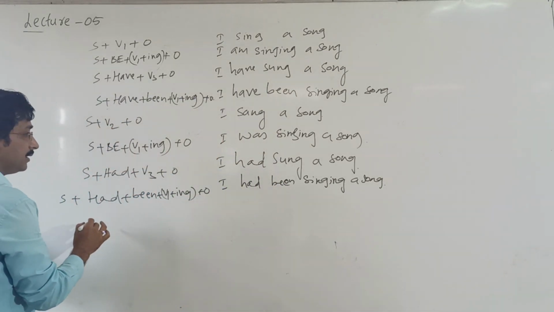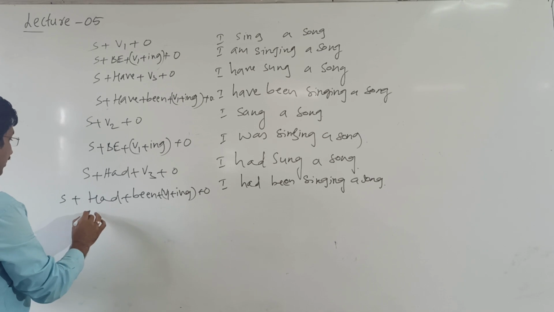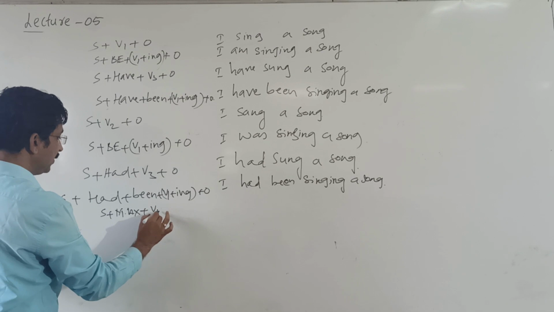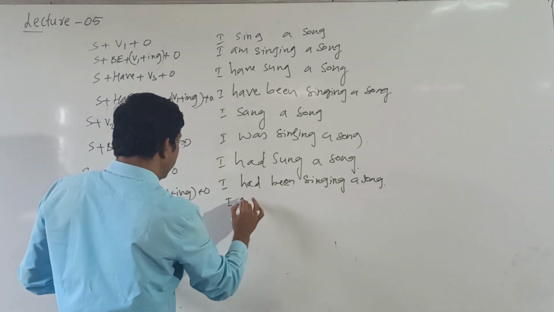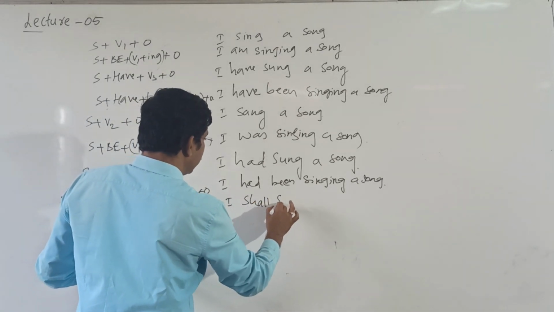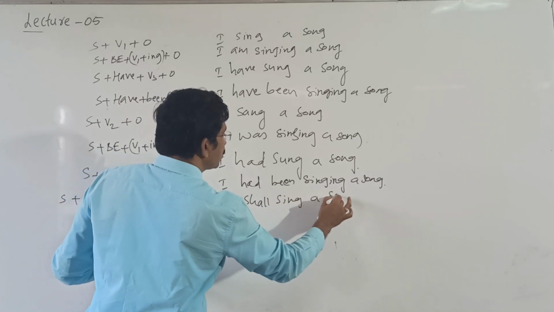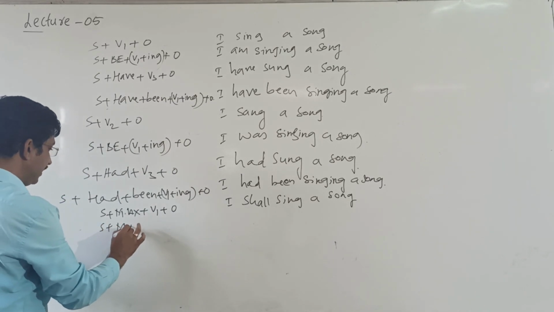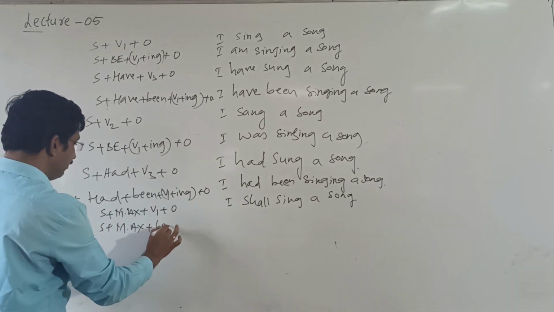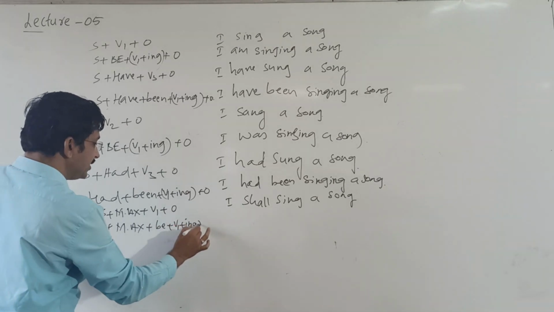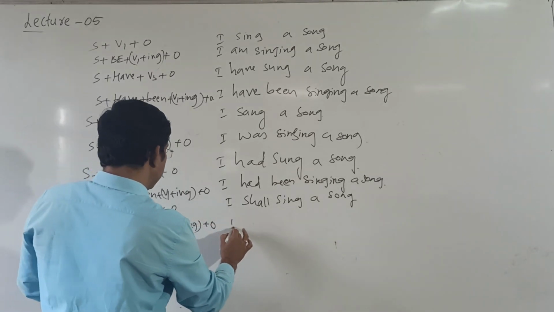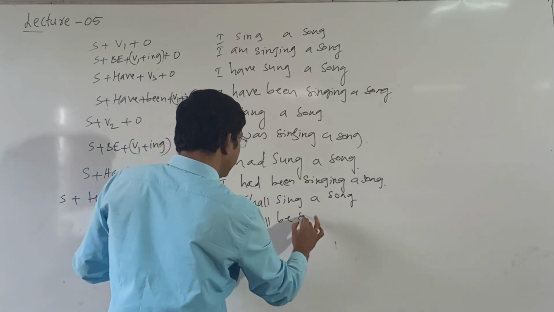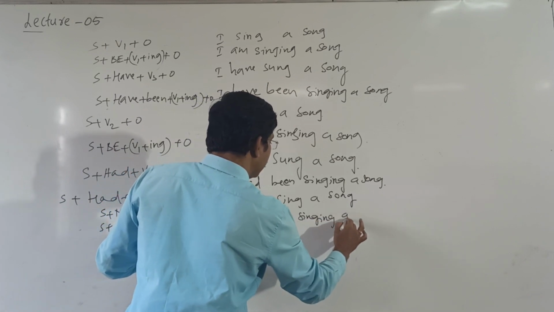Next, S plus modal auxiliary plus V1 plus O: I shall sing a song. S plus modal auxiliary plus be plus V1 plus ing plus O: I shall be singing a song.